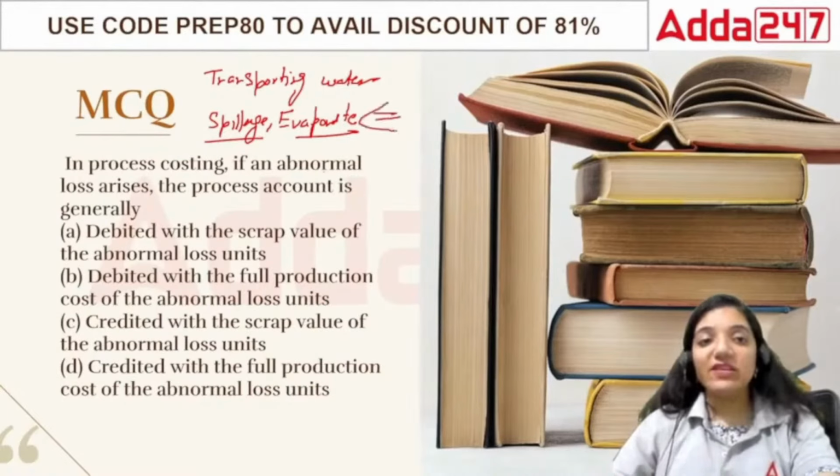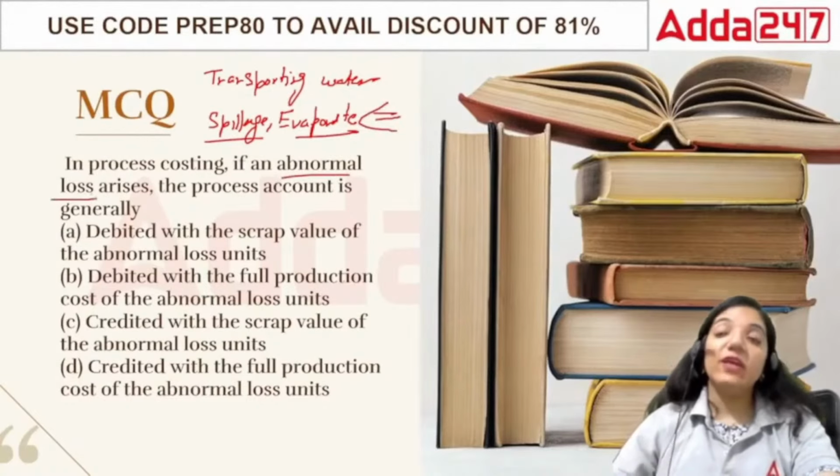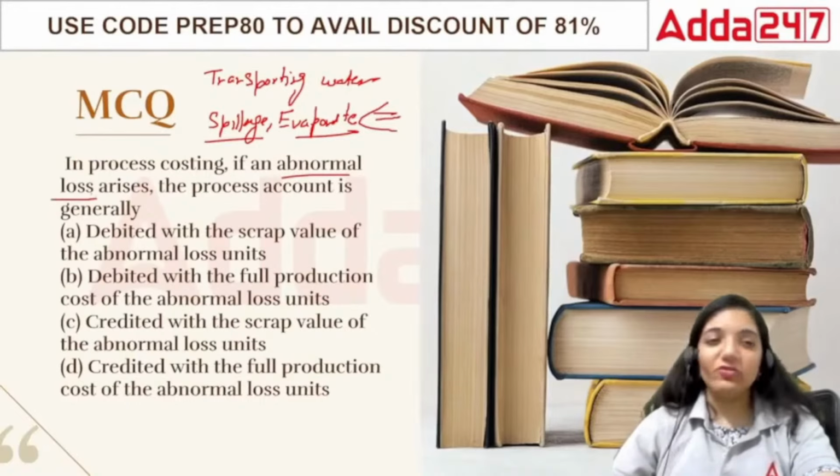So this means that in terms of these costs, it is abnormal in nature. If an accident happens, if any of the cars get burst, all those things are a part of abnormal losses.